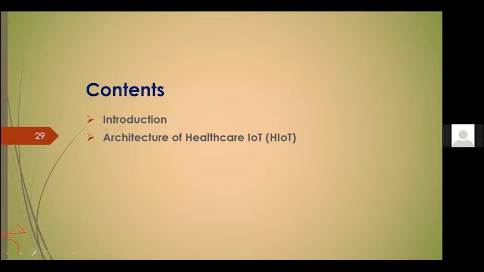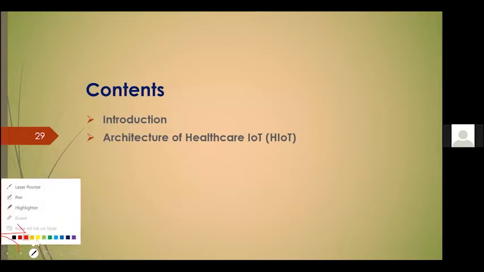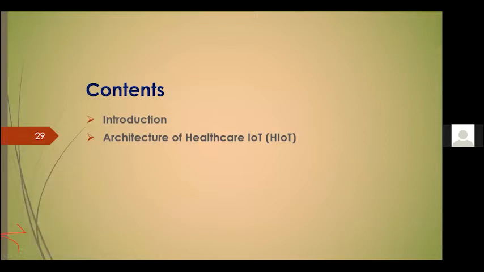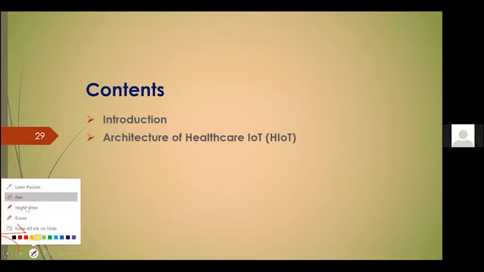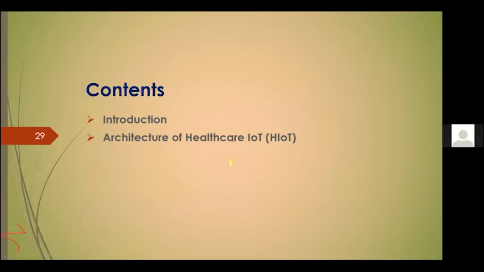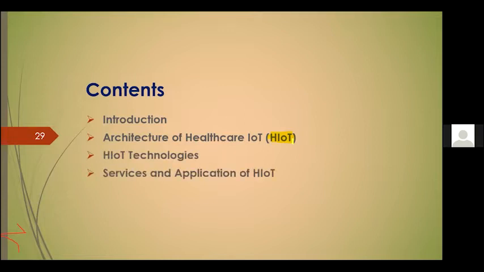Healthcare IoT has a dedicated word, that is HIoT, that is Healthcare Internet of Things. Then HIoT technologies, followed by the services and applications of HIoT and the IoT challenges. So this is what we will be covering under this heading.